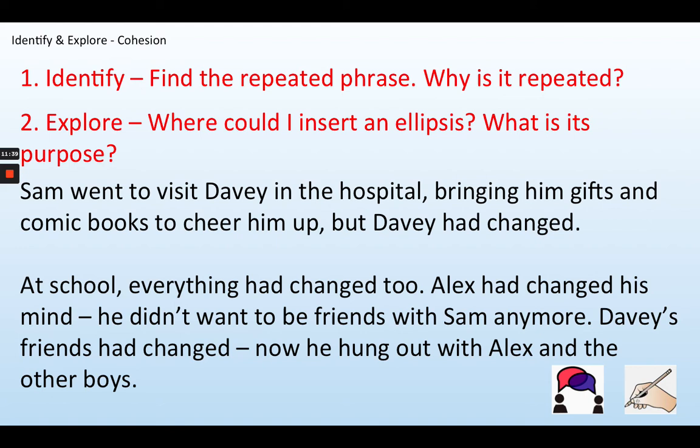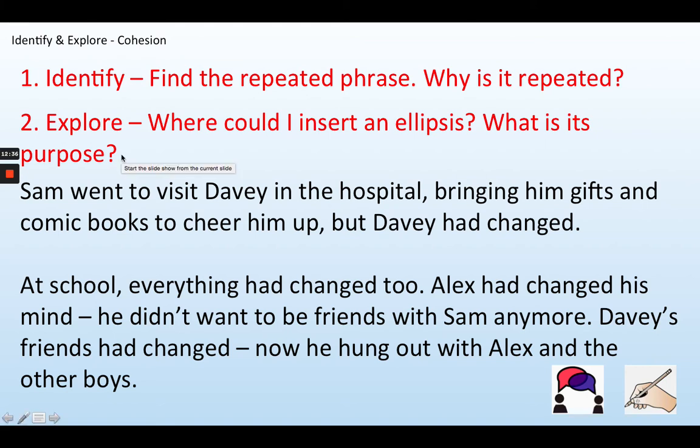Well done. If you said the repeating phrase is that Davy had changed, you are correct. The author has decided to repeat this phrase to emphasize or draw attention to the fact that things had changed. The incident with the sandwich changed everything, and that's a very important part of the end of our story.